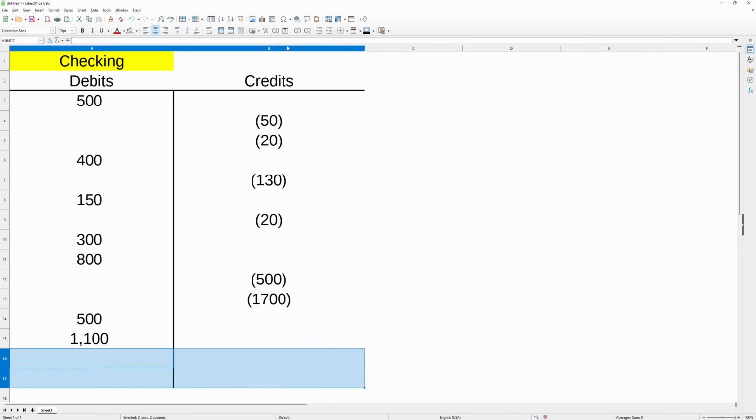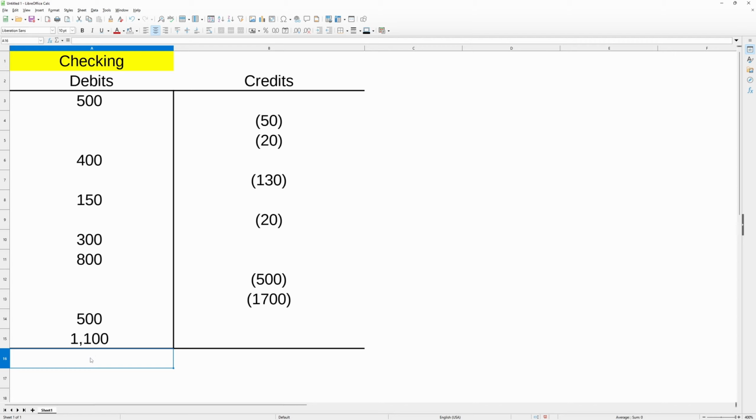And so now that we've charged our correct amounts, we can come into here and we can see the current balance of our account. So we have 1,100, 1,600, and we have 16 plus 8. Well, let's just add all of these up.